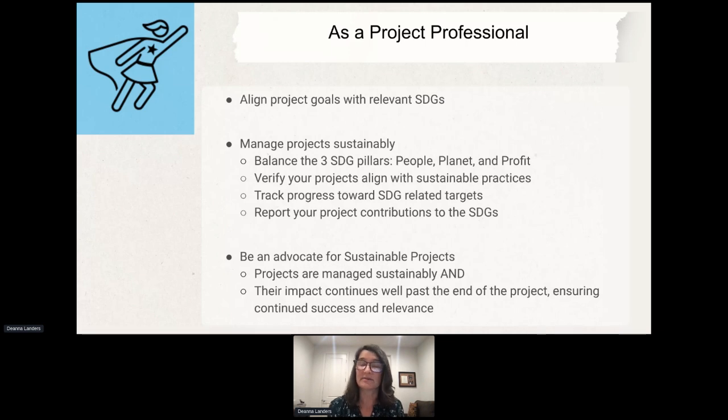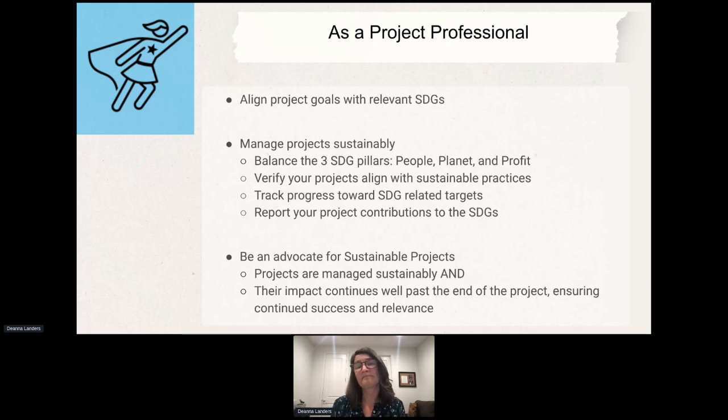Doing those in any kind of projects is, of course, relevant as well. I have personal projects with Boy Scouts, or in my personal life, we just moved, and throughout that, looking at the balance. But I'm a project professional. I can apply those concepts to any project that I manage.